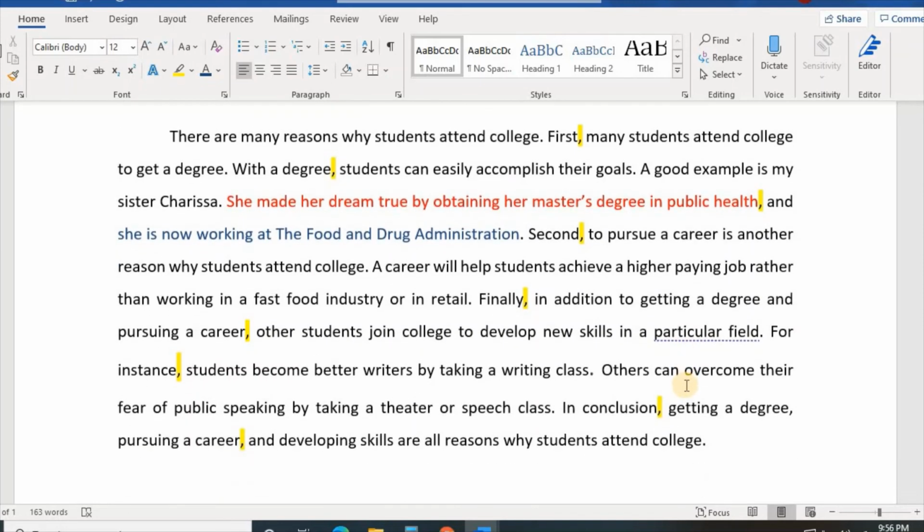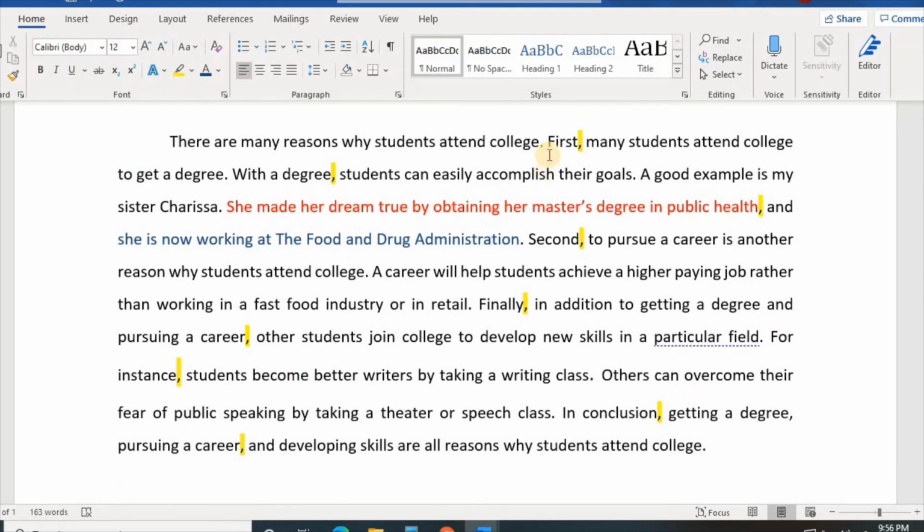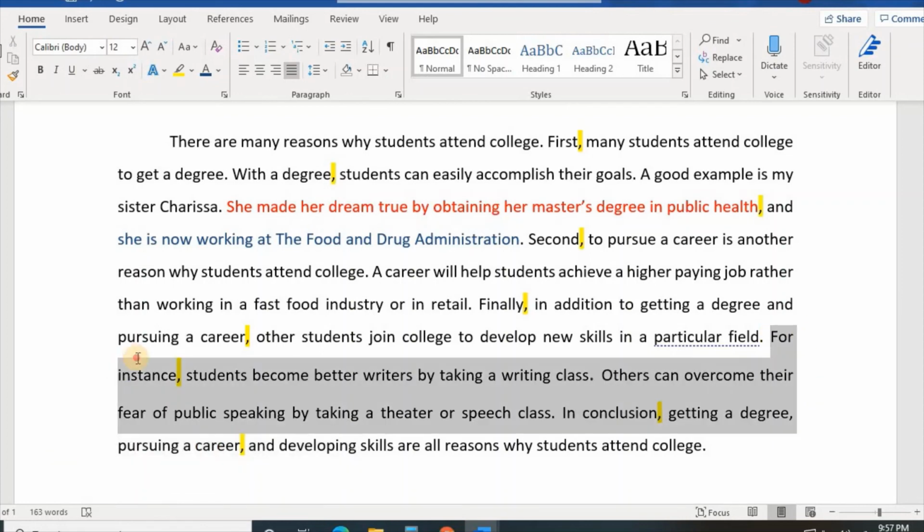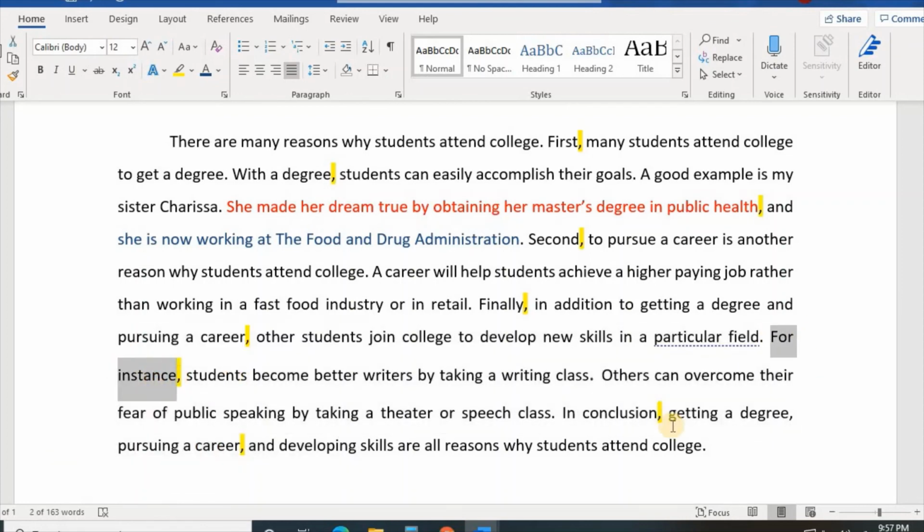So let's summarize. We added commas to introductory words such as first, second, and finally. We also added commas to introductory phrases: with a degree, for instance, and in conclusion.